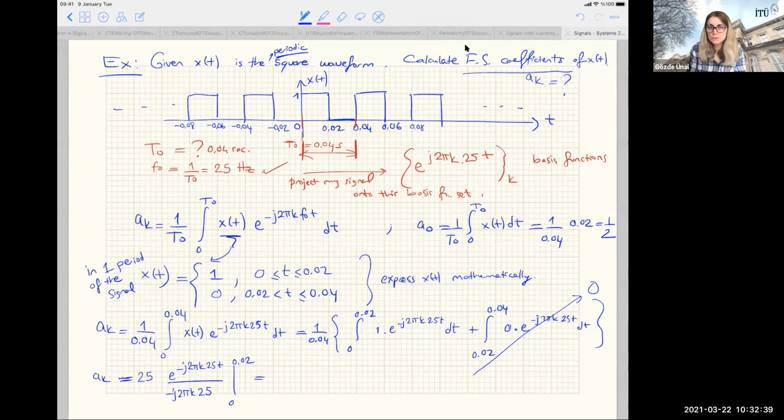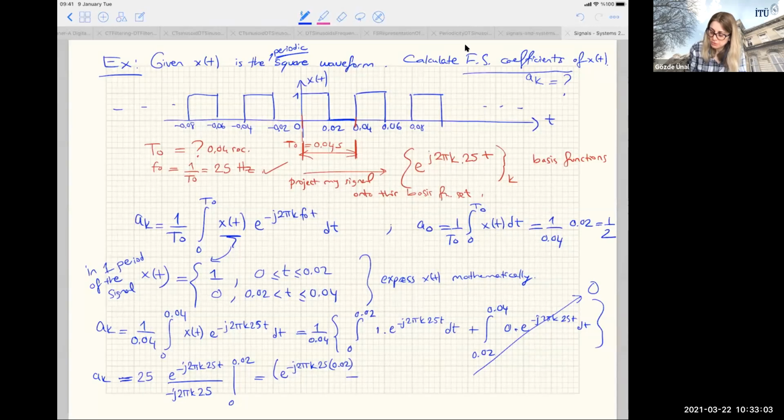Sometimes students are upset when I say this is high school math. Don't be upset. I know all of you have already passed those courses. So e to the minus j 2 pi k 25 times 0.02, minus 1, right?